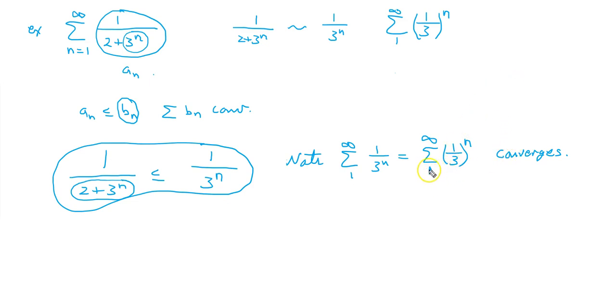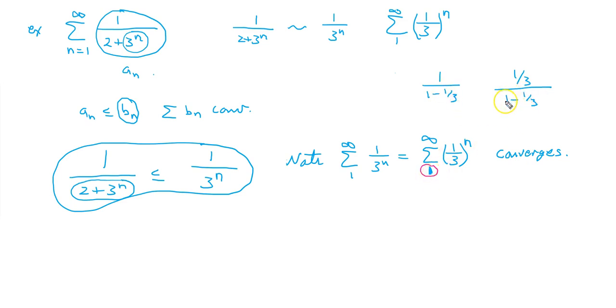If you remember now, we're actually starting at 1 down here. So since we're starting at 1, this series actually converges to 1/3 over 1 minus 1/3, r over 1 minus r. And the reason we have it like this is because we're starting at 1, remember. If we started at 0, it would just be 1 over 1 minus 1/3.